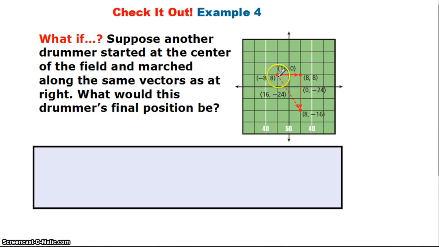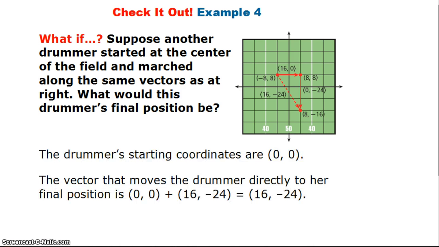So it looks like a move of 16, right? And then this far in the negative direction, and each of these is representing 8 units, so -24. So if this was 0, 0, the drummer has traveled 16, right, and -24. So there you have it, the drummer's coordinates. Start at 0, 0, and then they would move that far.